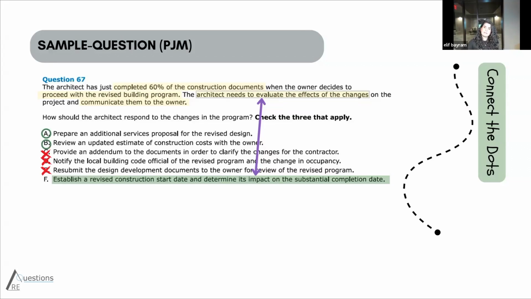It's going to have a ripple effect through the whole process, right? And the question said, review and evaluate the effects of the changes. The ripple effect on the project schedule is something that you need to evaluate. That's why I think F is a better option than E, and it belongs in the correct group because it matches a few points in the question. If it didn't say design development here, E would also be correct.